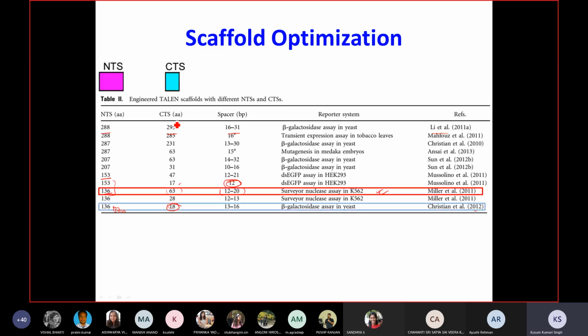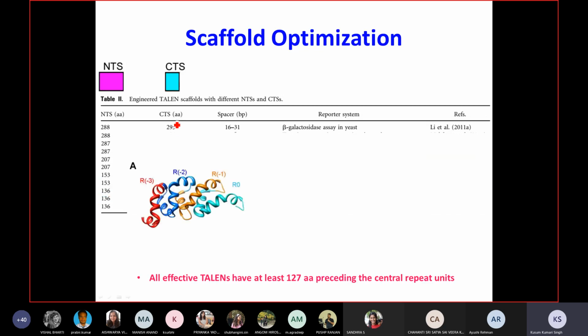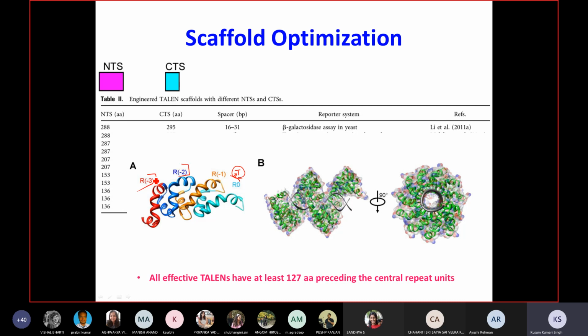It was found that all these N-terminus sequences have something like a helical loop structure, and these were numbered -2 and -3. Although 0 and 1 together are specific for base contact to the T residues, -2 and -3 were found to contact DNA. That means it is binding to the DNA, as you can see here, but it is not site-specific binding.